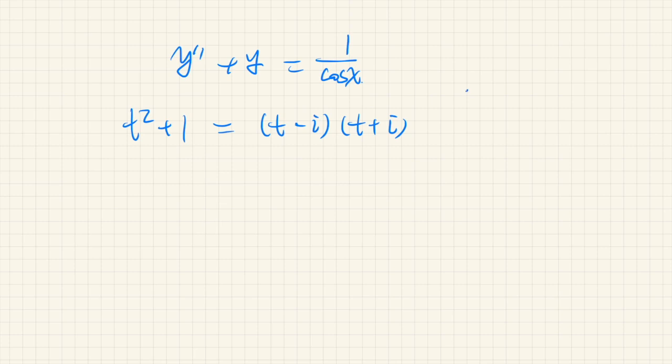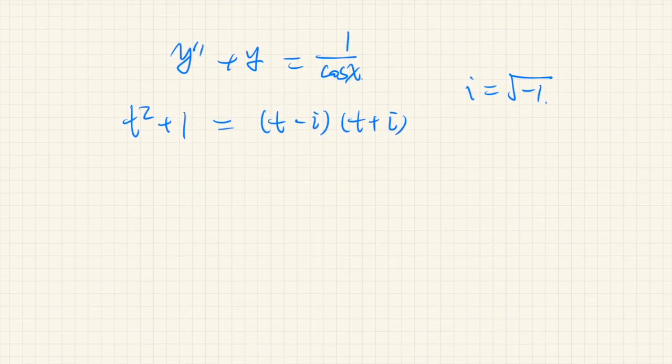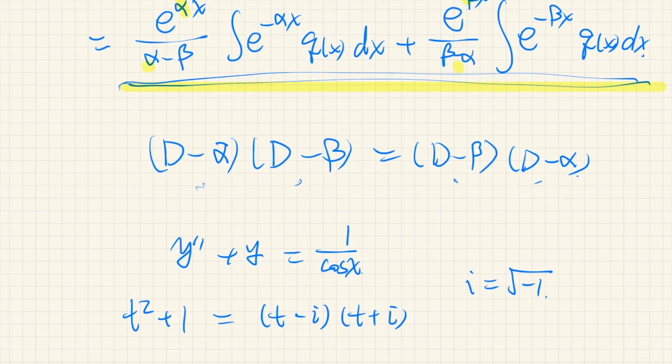Of course, i is the imaginary unit. Okay, so just applying this formula, we have the special solution. In this case, alpha would be i and beta would be negative i.